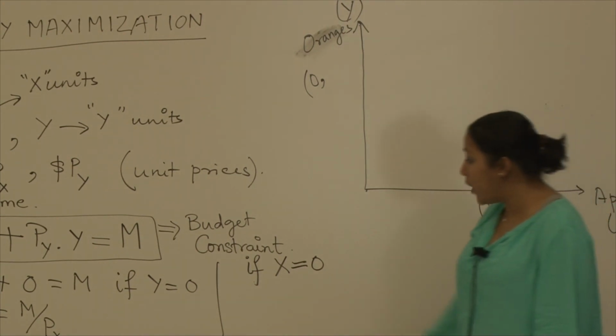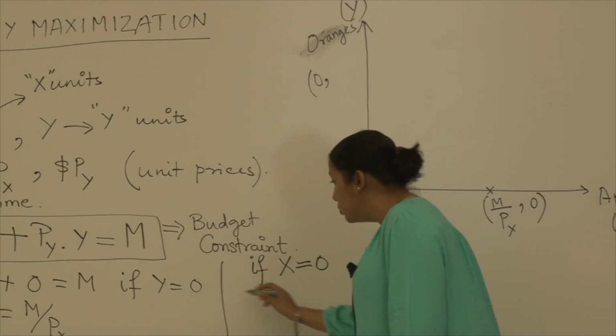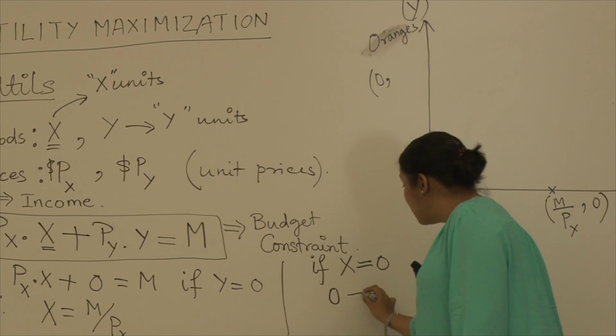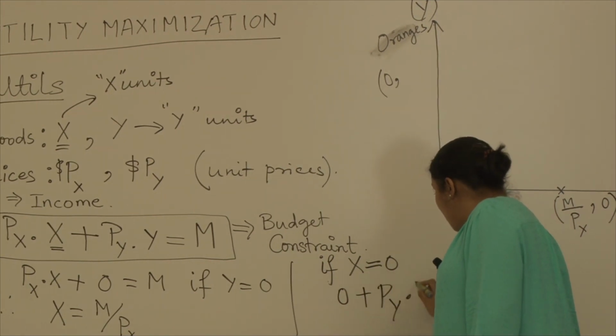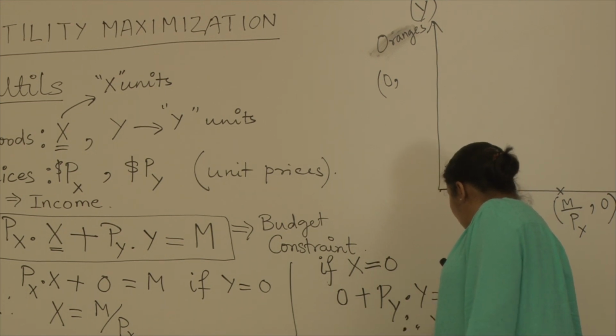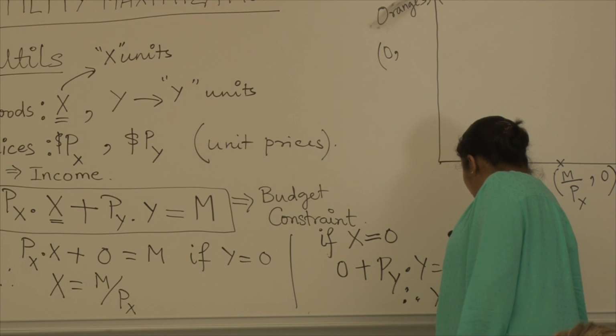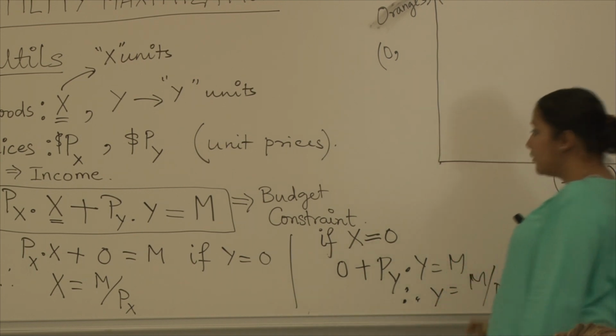And then what would be my y coordinate? The same way, the first term would become 0 plus py times y would be equal to m. Therefore, y would be m divided by py. The same logic, right.